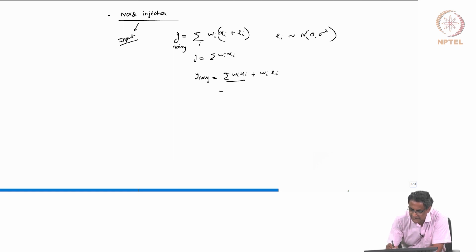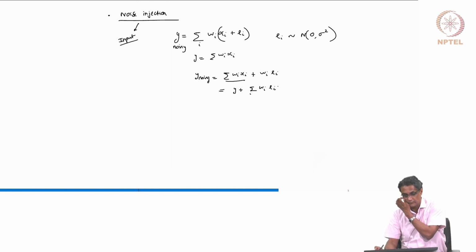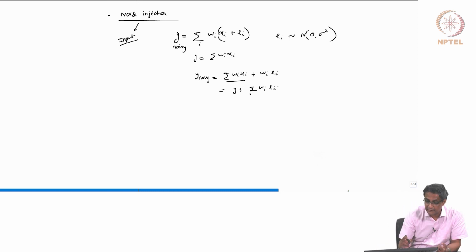And wi xi we know is y, therefore y noisy is y plus the summation over i of wi ei. And I have a target, and of course this noise injection is only for an MSE loss. This regularization is for MSE loss.